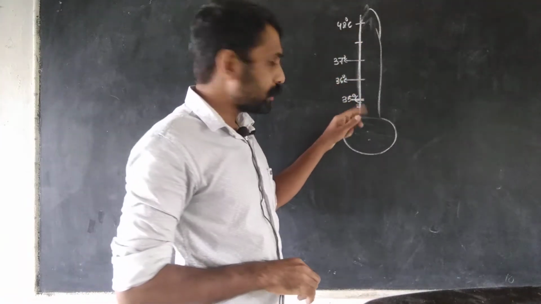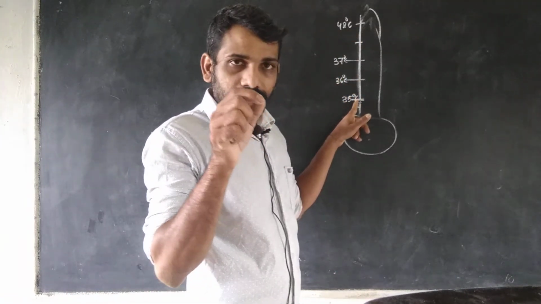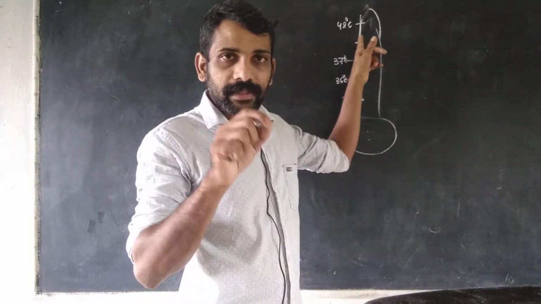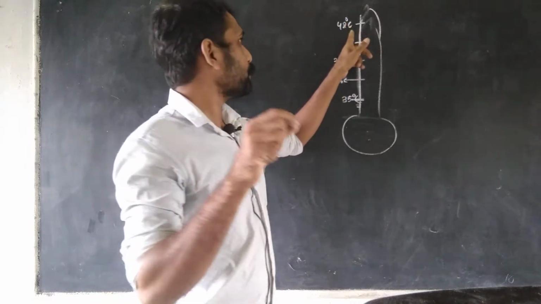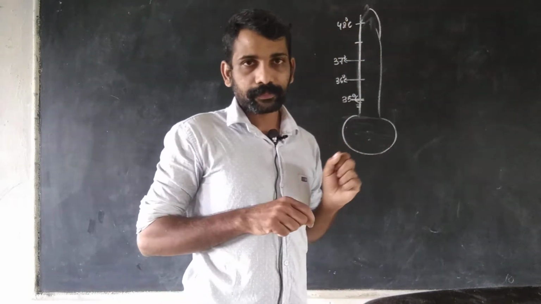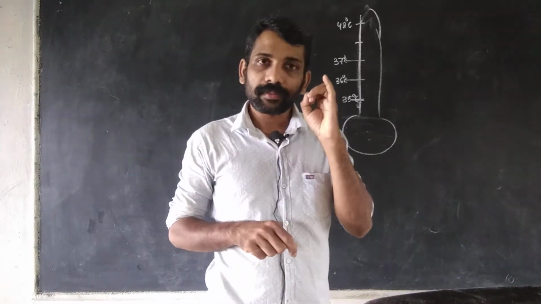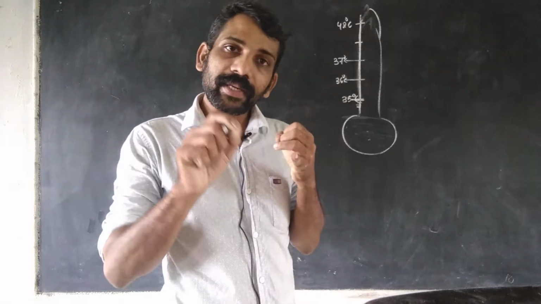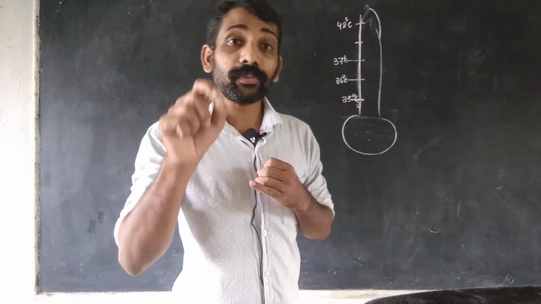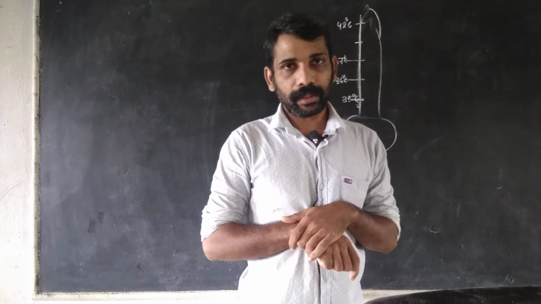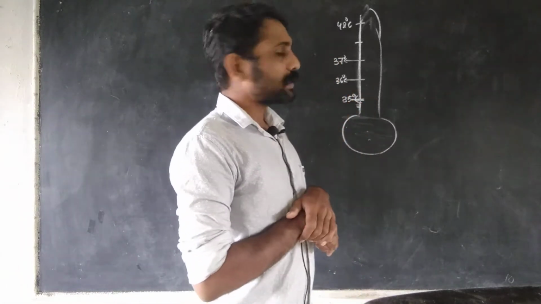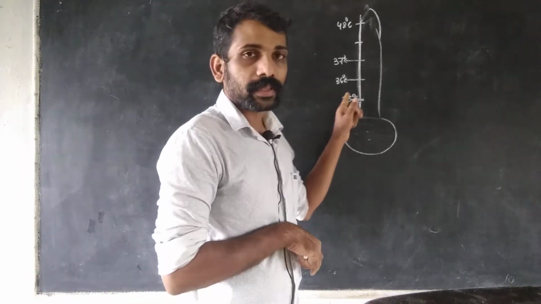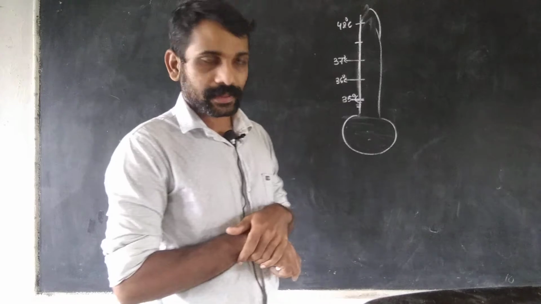The clinical thermometer has numbers from 35 degrees Celsius to 42 degrees Celsius. These are the temperature values, the numbers on the scale.